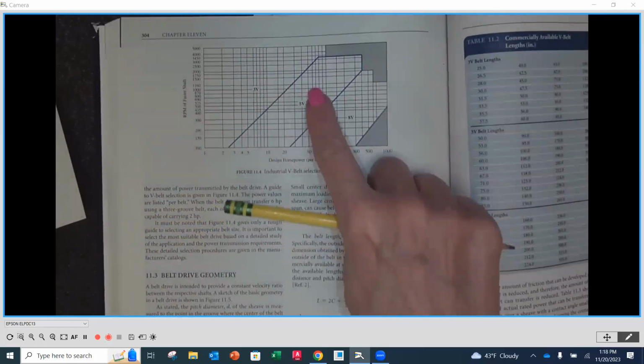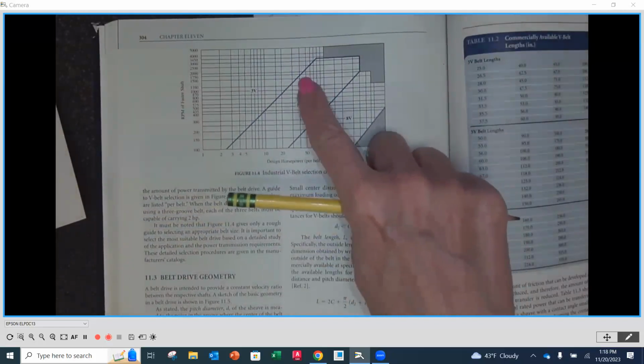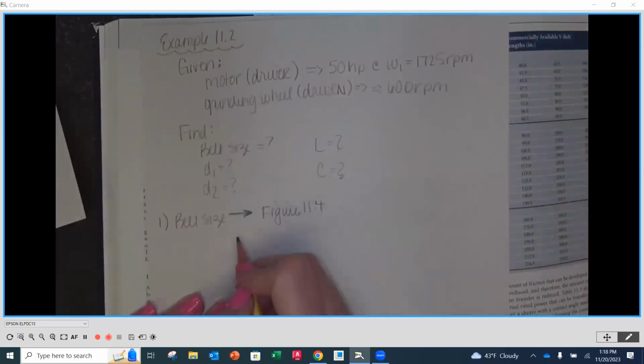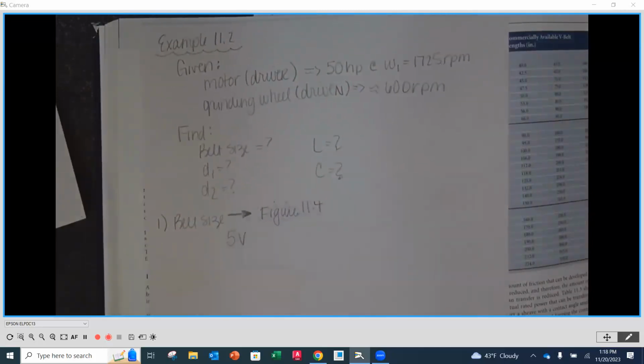What size belt do you think we are going to be targeting? Yeah, so I've got a 50 coming up here. My 1750 is there. So right around here, a 5V would be appropriate. So I'm going to be looking at a 5V belt, okay?